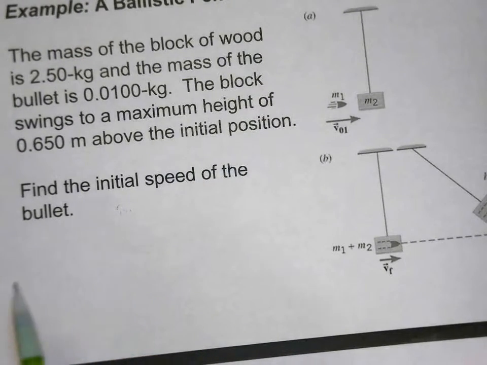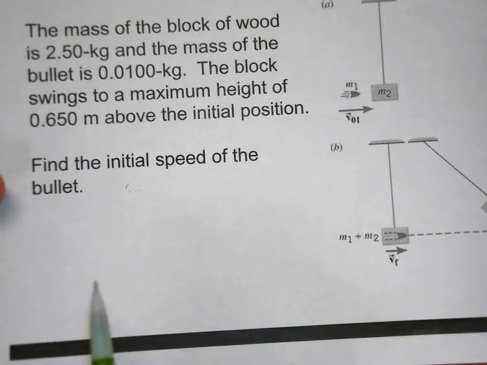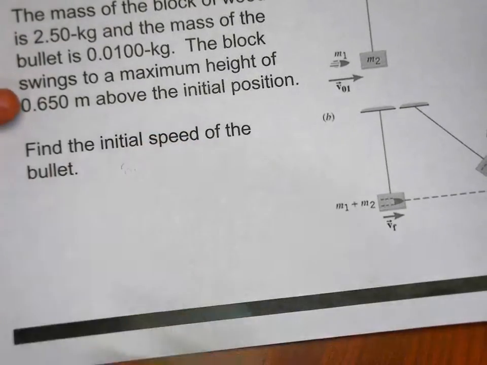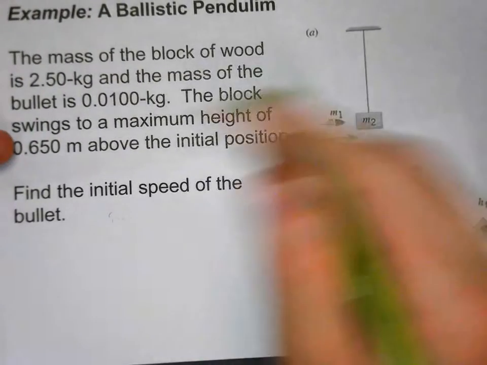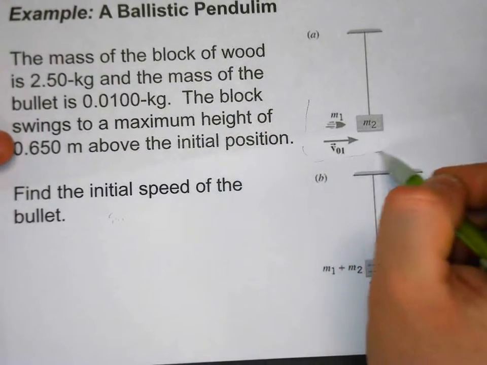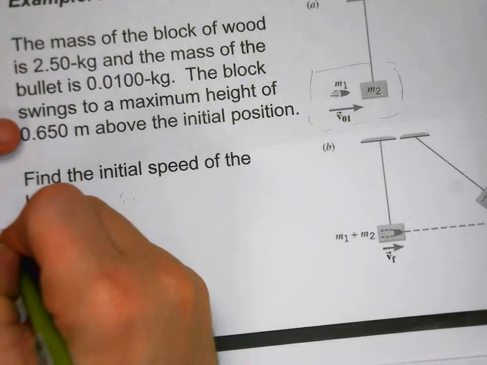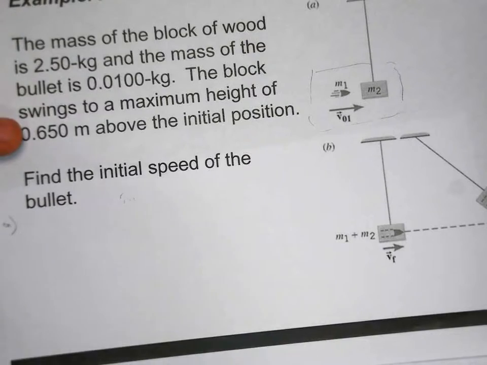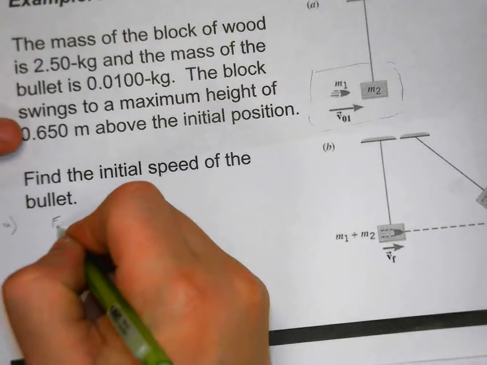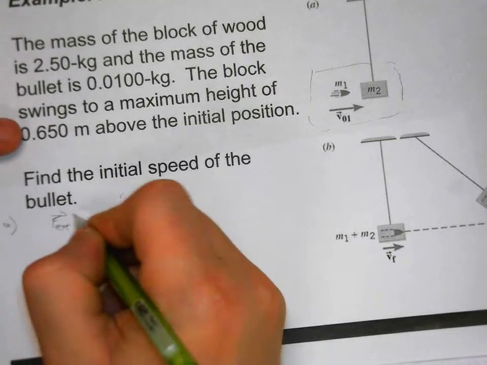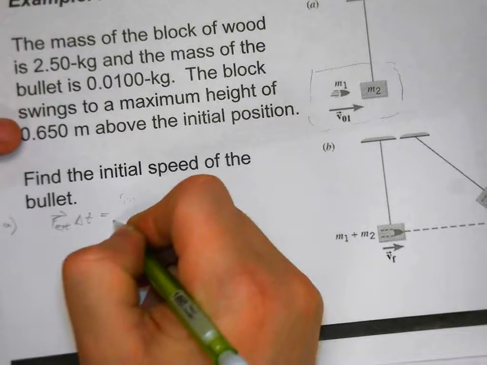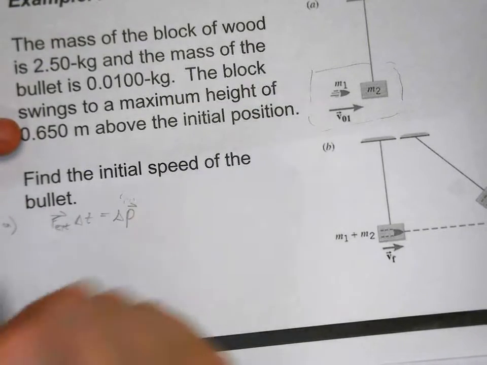Okay, so we're probably going to have to do 2 steps, as I would imagine you have already figured out. So first, in part A, we define our system as the bullet and the block. So in part A, we can say the external force acting in some time duration is equal to the change in momentum.